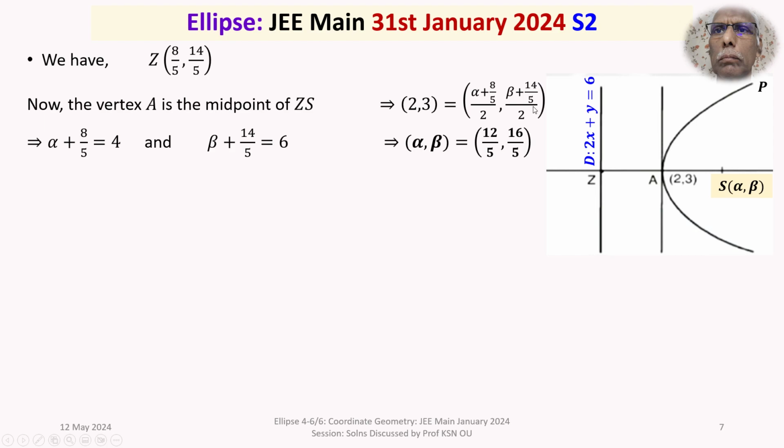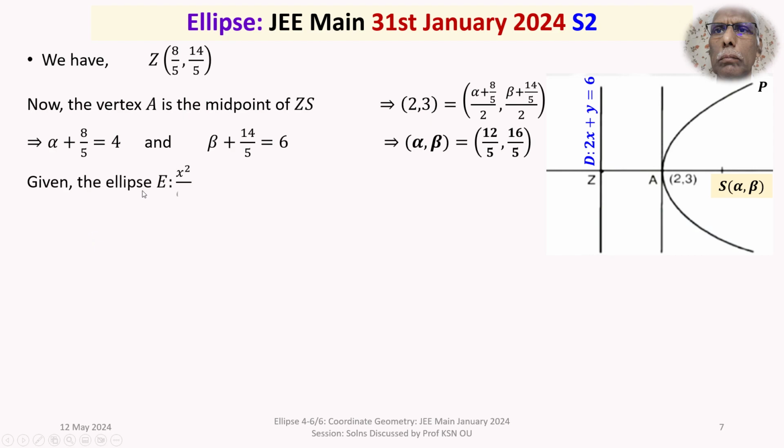Beta plus 14 by 5 is 2 3s are 6. From this, alpha will be 4 minus 8 by 5, that is 12 by 5, and beta will be 16 by 5. So we got the coordinates of the focus S.